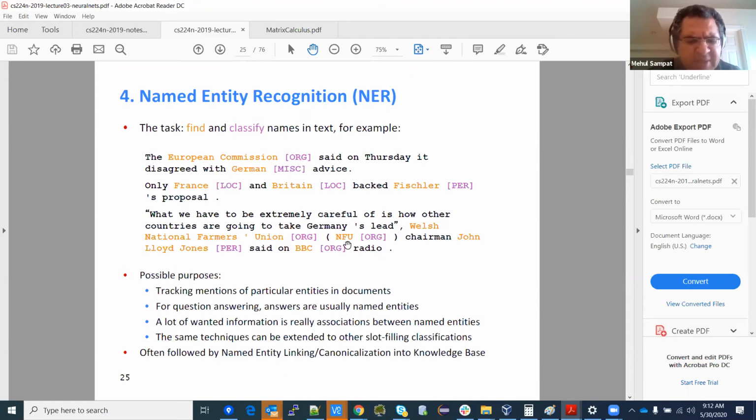I thought this was very interesting, as there are a lot of industry applications. You have documents and you want to know how many times Facebook is mentioned, or how many times your company is mentioned. He gives a bunch of different examples for classifying words in a text, which he calls named entity recognition.